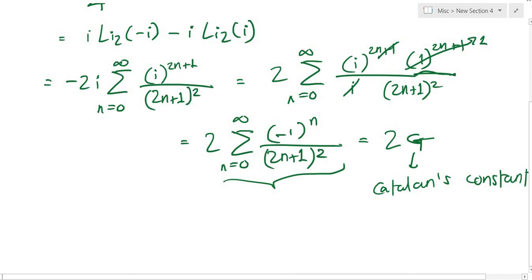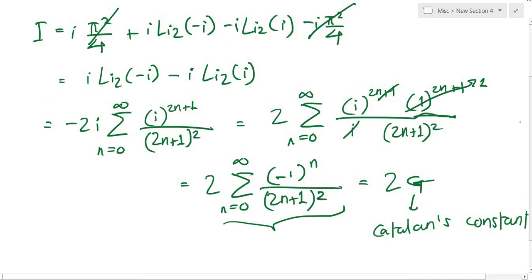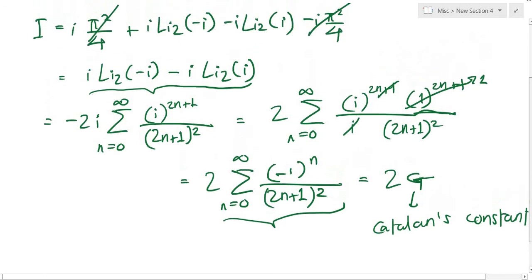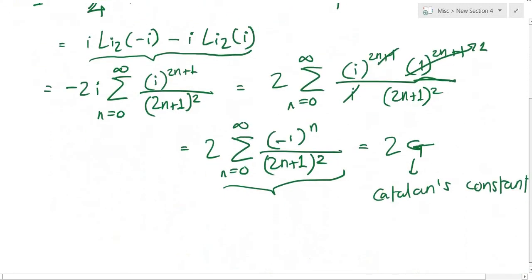I mean, some of you who watched my previous innocent integral video of x over cos of x would recognize this form immediately as being twice the Catalan's constant. But you know, it's really fun that Catalan's constant has all these other different forms.